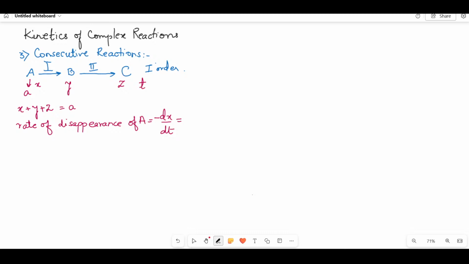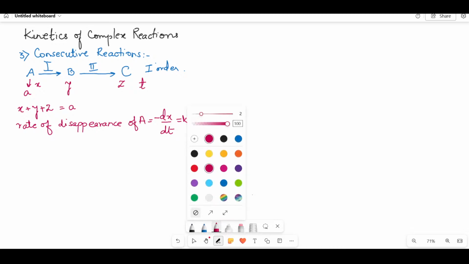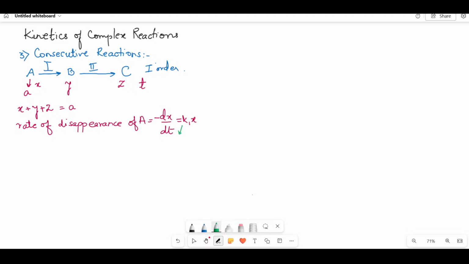That is equal to K1x, where K1 is the rate constant for A to B.